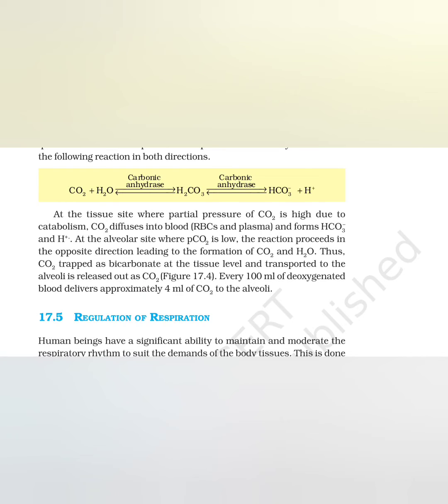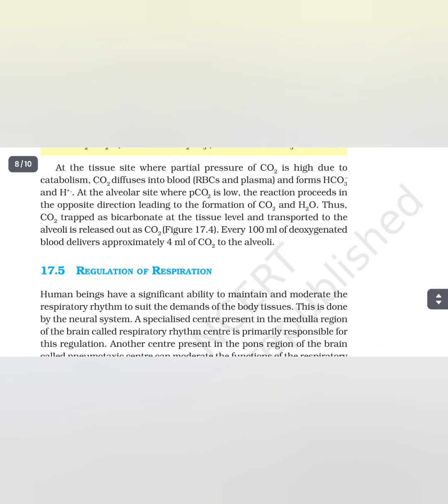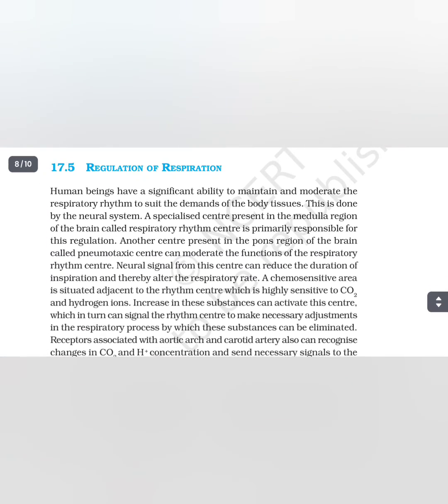At the alveolar site where PCO2 is low, the reaction proceeds in the opposite direction, leading to the formation of CO2 and water. Thus, CO2 trapped as bicarbonate at the tissue level and transported to the alveoli is released out as CO2. Every 100 milliliter of deoxygenated blood delivers approximately 4 milliliter of CO2 to the alveoli.